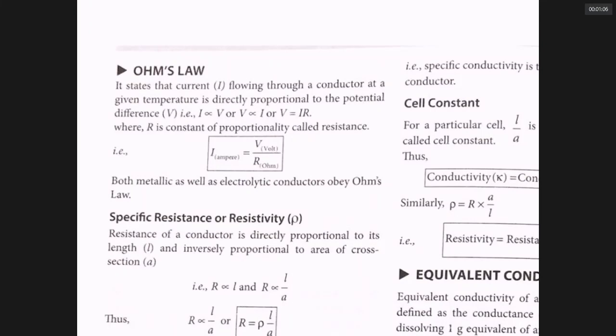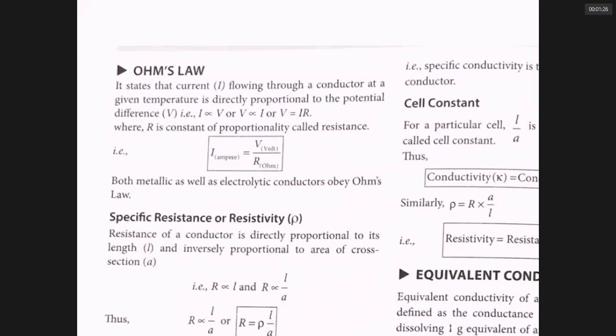The current flowing through a circuit is directly proportional to the potential difference, that is voltage, and it is inversely proportional to the resistance offered by the system at a constant temperature. This is called Ohm's law.